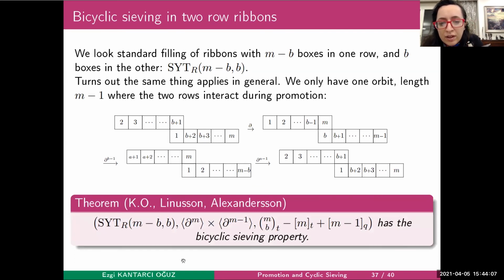So we have the structure of the promotion on just one of the rows, which is given by the q-binomial of m choose b. And then we subtract 1 cycle. And then instead we add a cycle of size m-1.